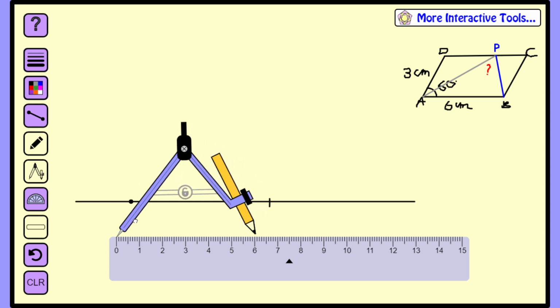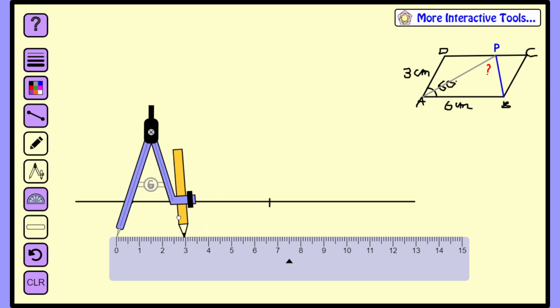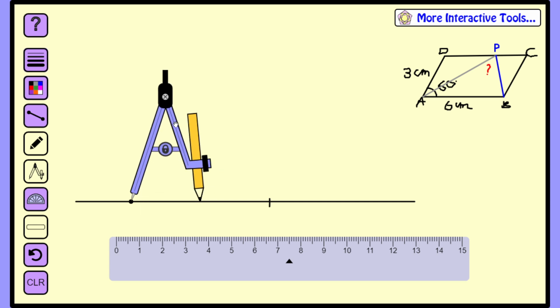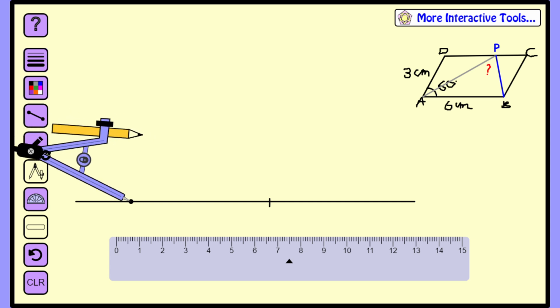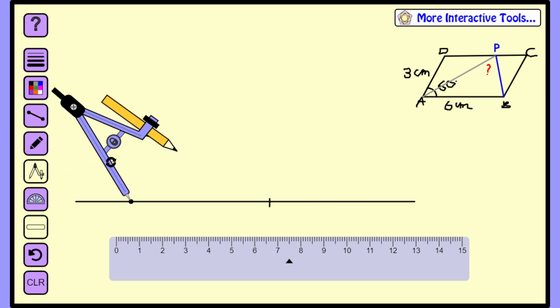So let's also do that. Take 3 centimeters to mark out an arc for AD. You don't know where it's going to lie, so let the arc be a little wide.